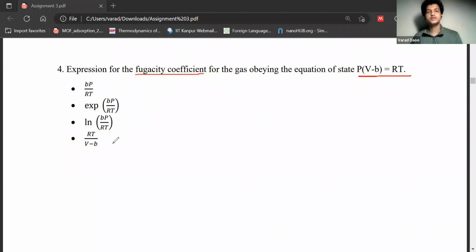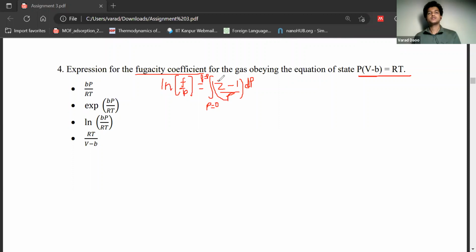So I'll give you a hint. The expression which we are going to use is ln(f/p) is going to be the integral from p equal to 0 to p equal to p of (z minus 1) by p dp. Okay.